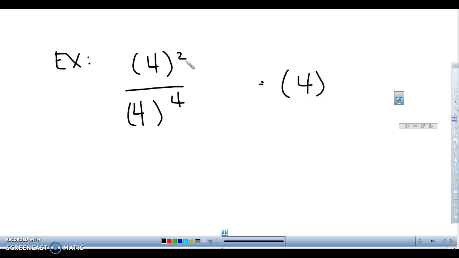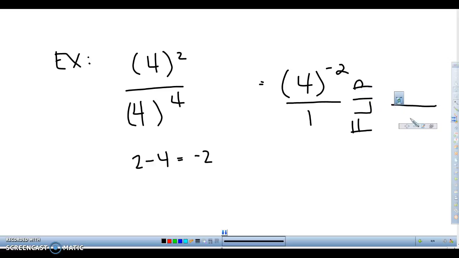And then I subtract down. 2 minus 4 is negative 2. That's kind of a good answer. There's one problem. If I have a negative exponent, I'm going to flip it into my denominator and make it positive.